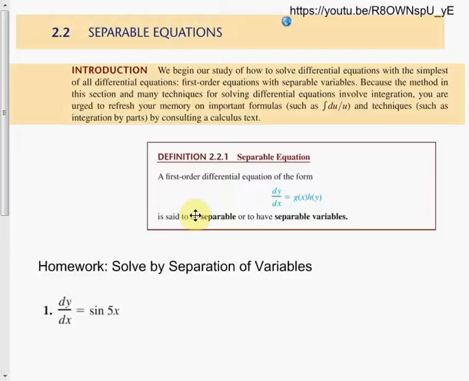I'll show you all of that so that when you're given a differential equation problem, you can work through those sequences in your mind. Can I do this? The easiest first. If not, can I do the next one, which is not as easy, but doable. And if that doesn't work, then the next one. So for example, here are 5 methods of solving a differential equation that we'll cover in Chapter 2.